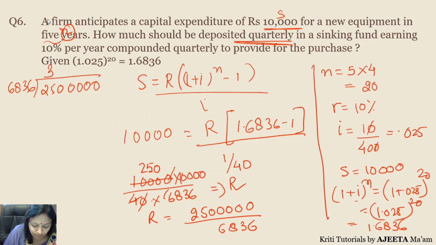Now let's do it. So 3 6 are 18, 1, 1 and 2. So 2954. Now again 0 will come down. So let's make it 2 6. So 6 3 2 5.